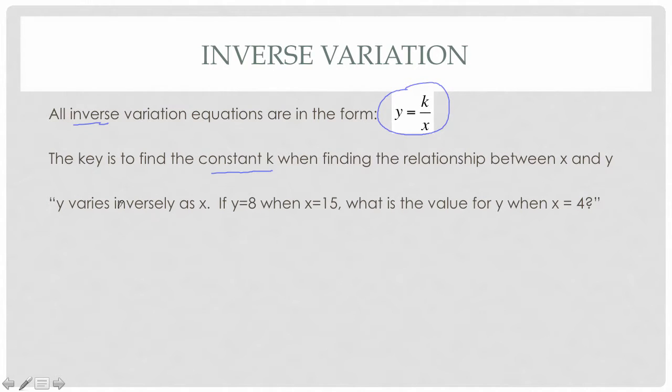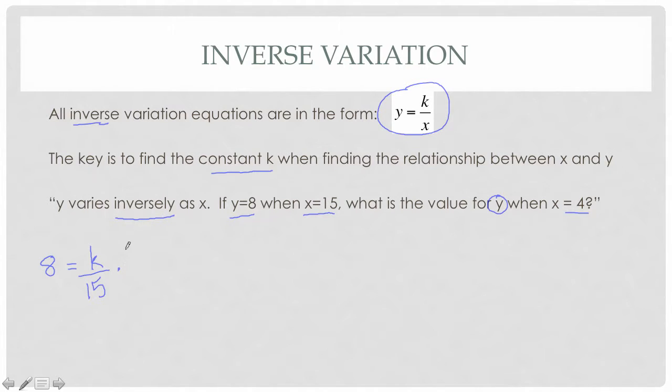So here we go. Y varies inversely as x. Now we're using different words for an inverse relationship. If y equals 8 when x equals 15, what is the value for y when x equals 4? Let's use our inverse variation equation. I know y is 8 when x is 15, so I have some value k divided by 15, and that equals 8.